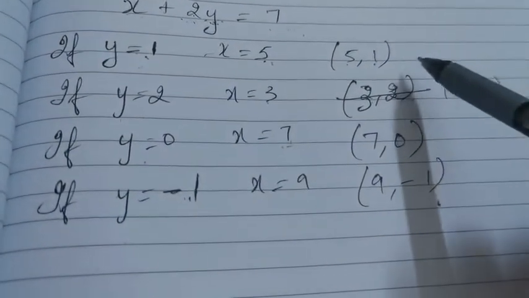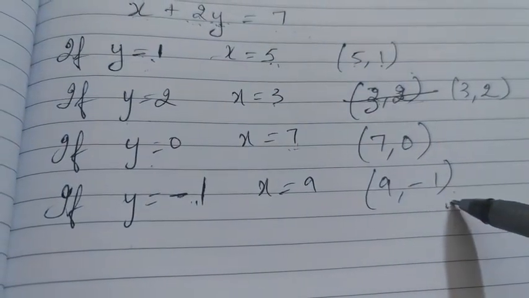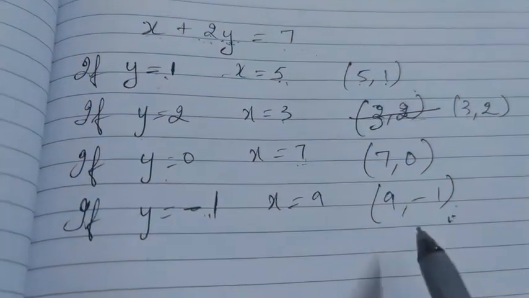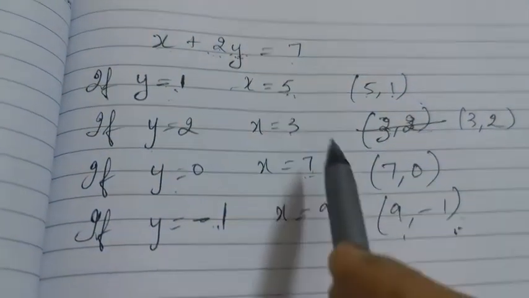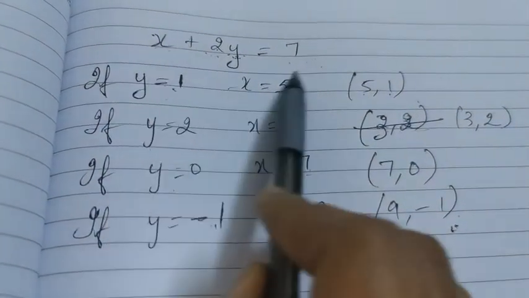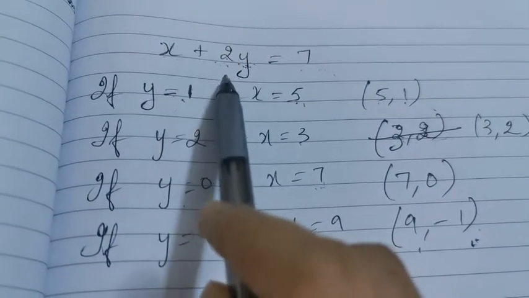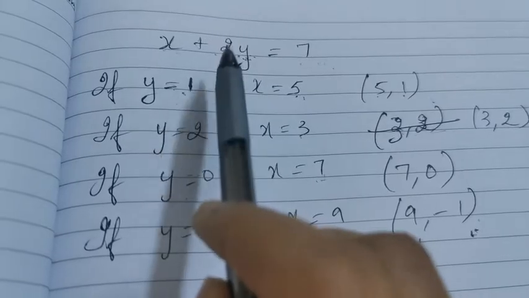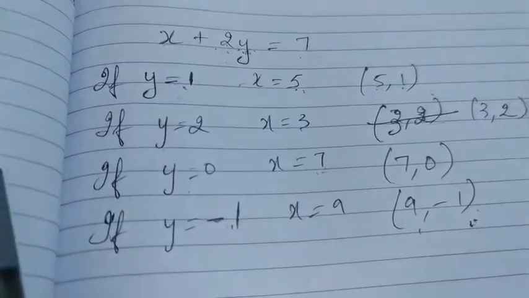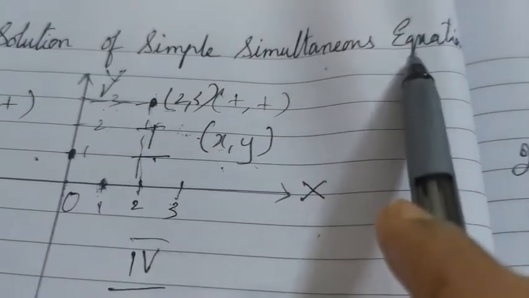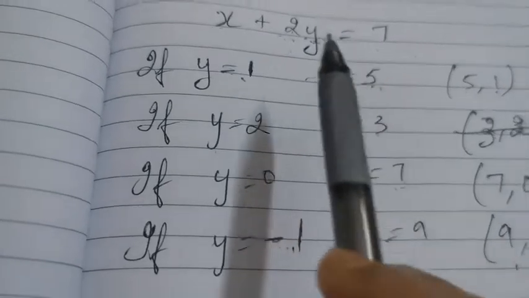Now, if I plot these points on a graph sheet and I join them, I will get a straight line in a graph sheet. So, every simple equation will give you a straight line. So, a straight line on a graph sheet represents a simple equation. In order to solve simple simultaneous equations, you will be given 2 equations.